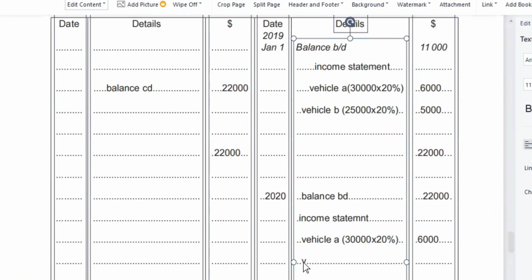Vehicle B was 25,000 multiplied by 20% multiplied by 3 months divided by 12. So that was 1250.